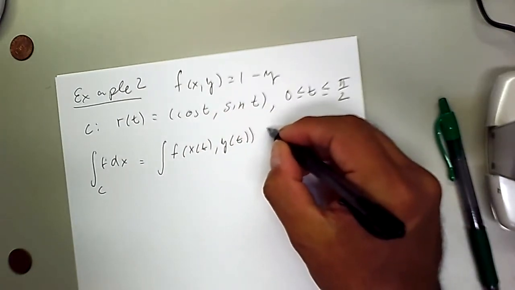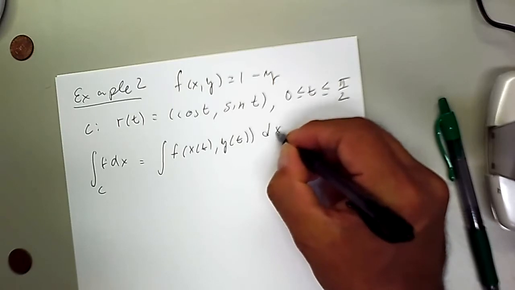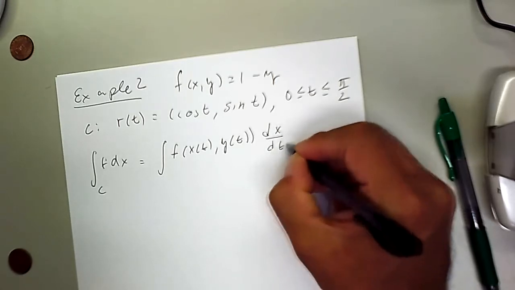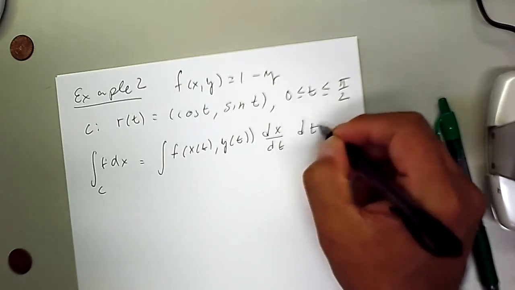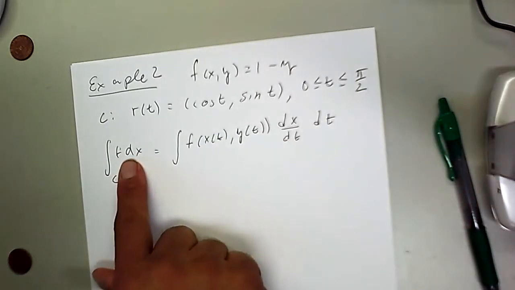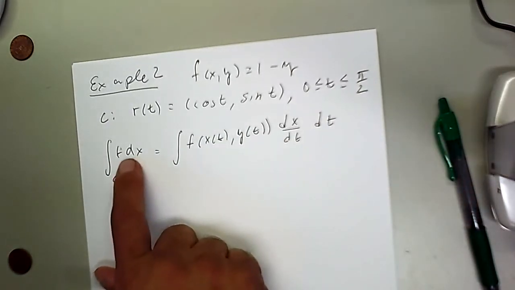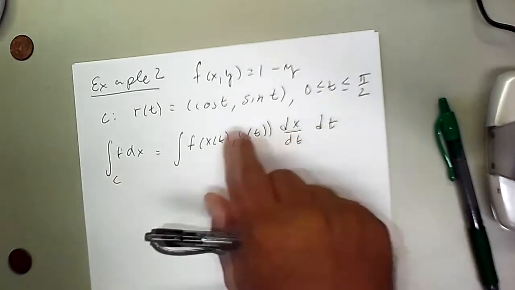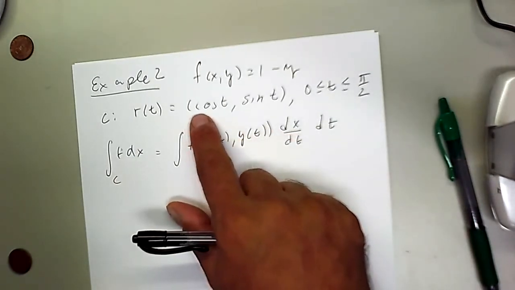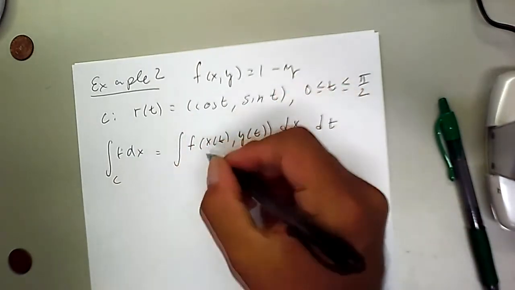And then derivative of x with respect to t dt, that indicates that we're doing with respect to x. So we're multiplying with segments of x from a to b, whatever.